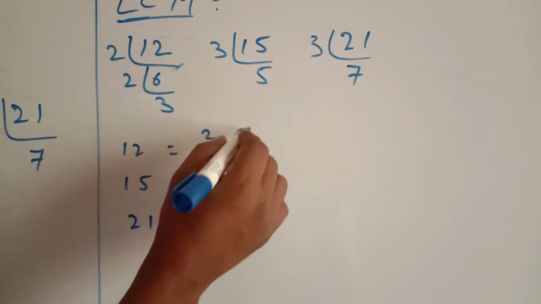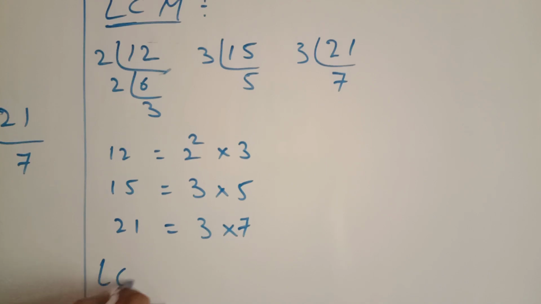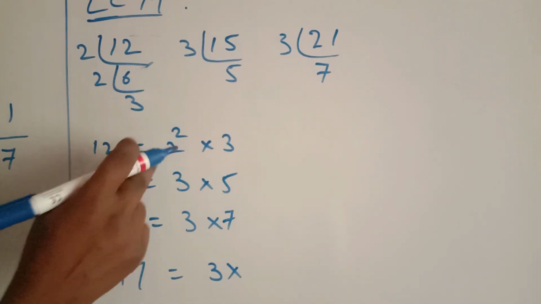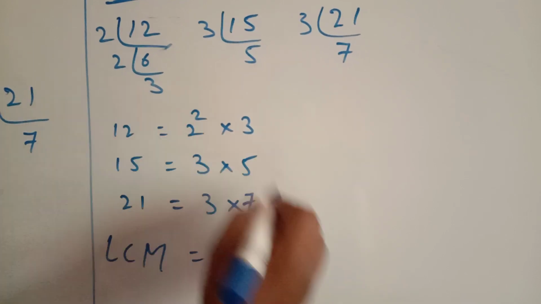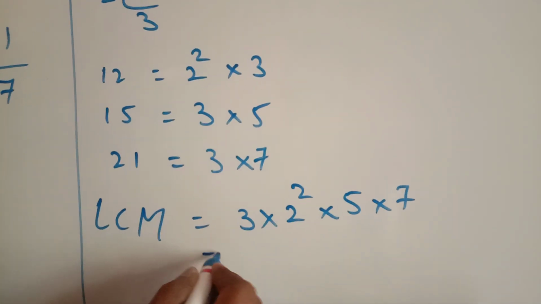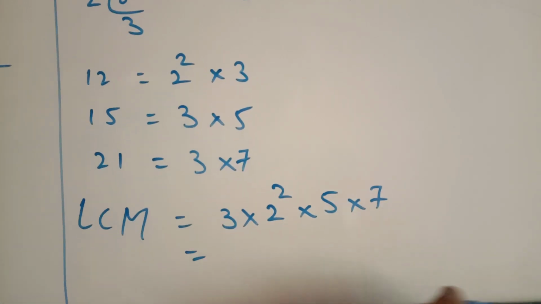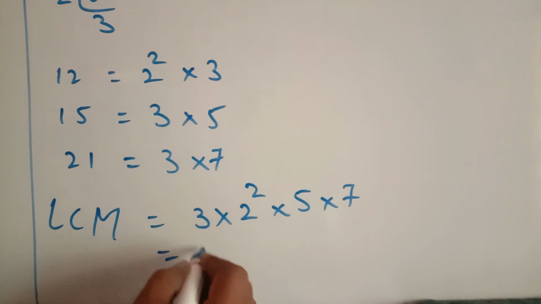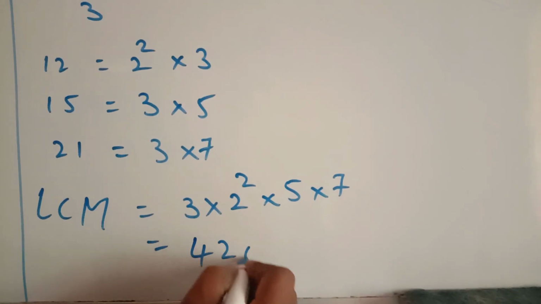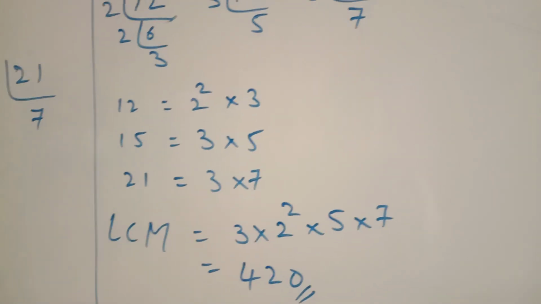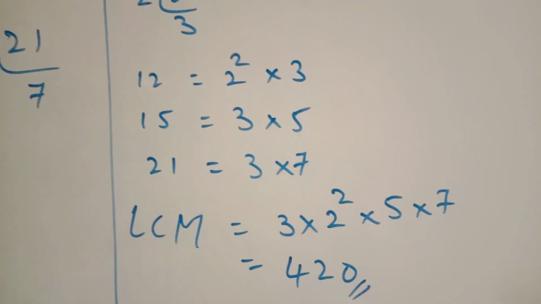So here 3 is common, so for the LCM you write 3 one time, 3 into 2 square, and the non-common values 5 into 7. Now multiply: 2 square is 4, 4 5s are 20, 20 7s are 140, 140 3s are 420. So LCM is equal to 420. So HCF is equal to 3 and LCM is equal to 420.